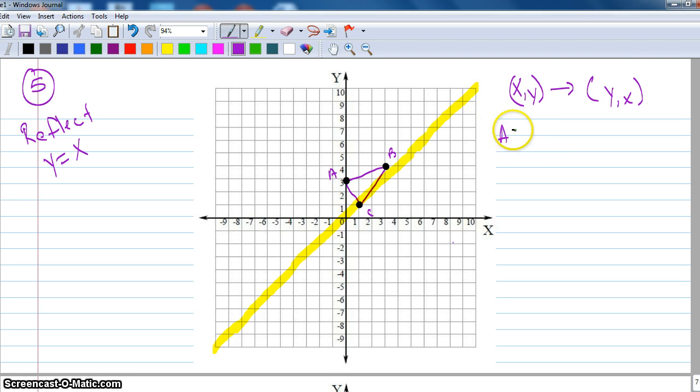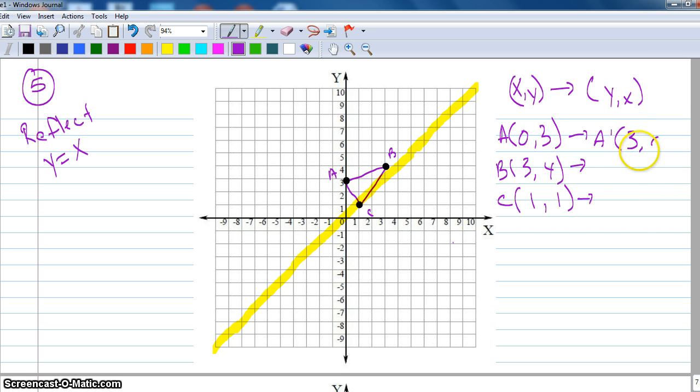All right. So A is 0, 3. B is 3, 4. And C is 1, 1. So for y equals x, all we have to do is x, y, put the y first now. So for A prime, put the y first, which is 3, and then the 0.